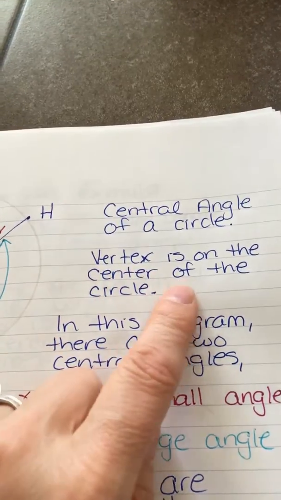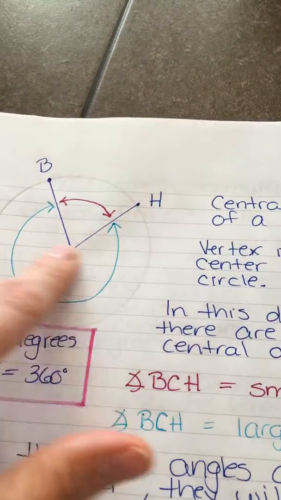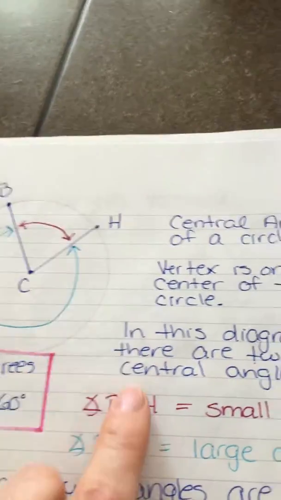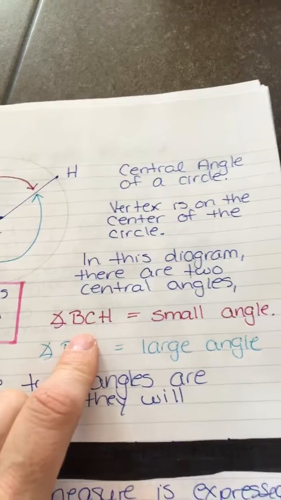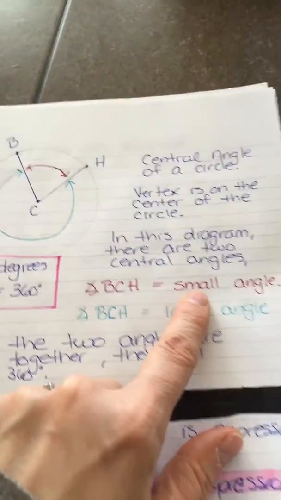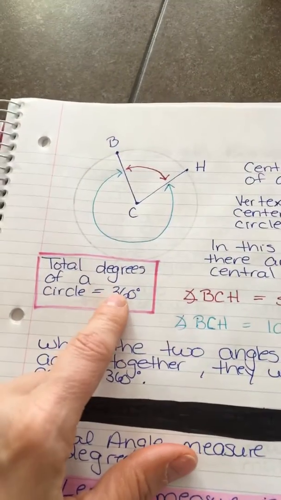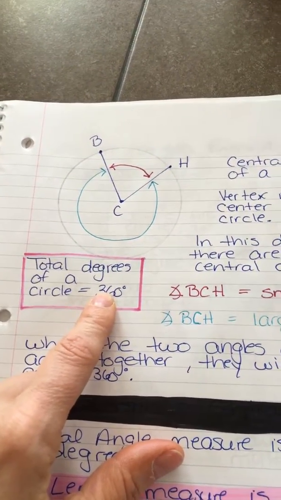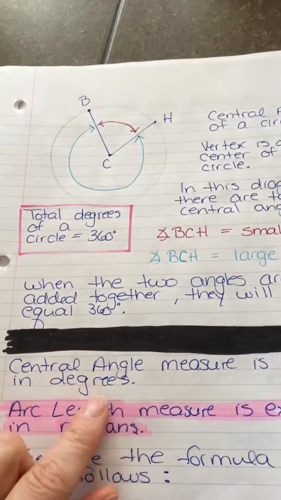And remember, the vertex is at the center of the circle, so you can see where it changes directions. We go zip, zip, okay? And as I said, in this diagram, we have two central angles. We have a small one and a large one. And if I took this pink angle and I added it to this large angle, I would get 360 degrees, okay? Which is what I stated right there, okay?